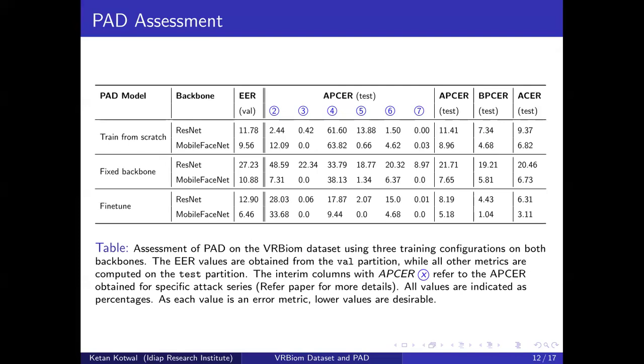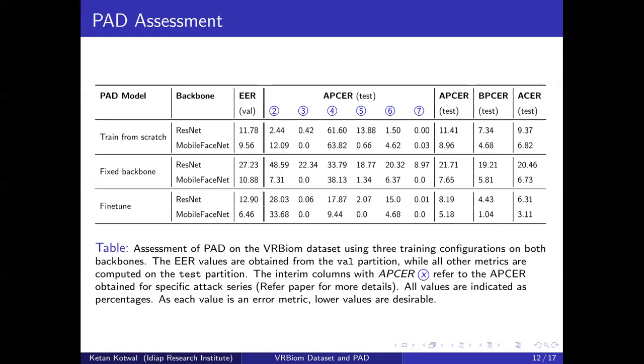So here what we can observe is, in each case, the MobileFaceNet has performed better than its ResNet counterpart. Since all the numbers that you see here are error values, the lower values are of course desired. In case of training from scratch, we obtained reasonable performance, which is possible because the dataset is not large enough to thoroughly train the model properly.